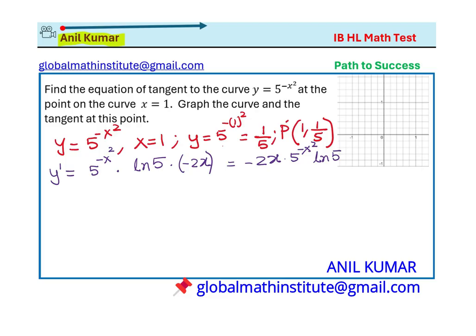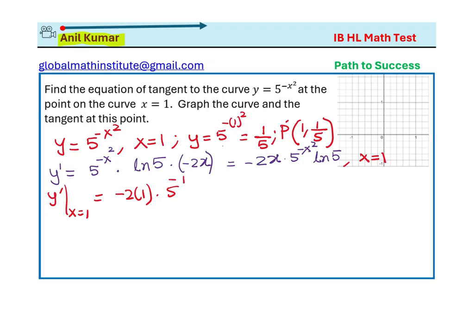Since we are interested in finding the equation of the tangent, let's find the derivative at x equals 1. If I substitute x equals 1, the derivative will be minus 2 times 1 times 5 to the power of minus 1 squared, times ln 5. 5 to the power of minus 1 squared is 1 over 5.